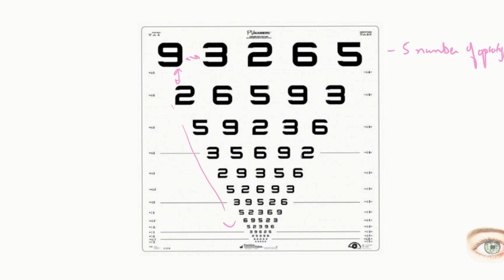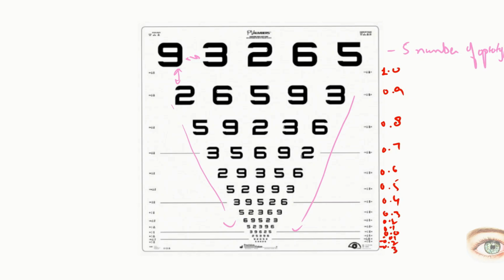The LogMAR chart starts from 1.0, then 0.9, 0.8, 0.7, 0.6, 0.5, 0.4, 0.3, 0.2, 0.1, and 0, right? And beyond that, it goes minus 0.1, minus 0.2, and minus 0.3.